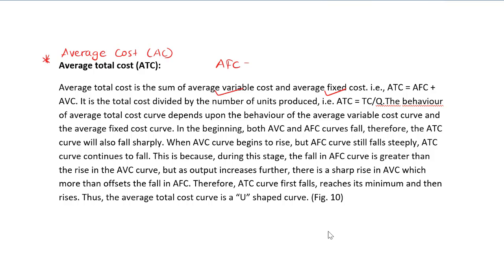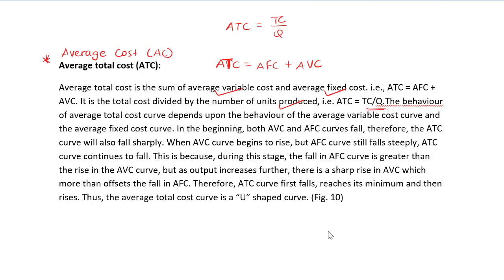So average total cost equals AFC plus AVC. It is the total cost divided by the number of units produced. So average total cost equal to total cost divided by Q. Average total cost is equal to total cost divided by Q.